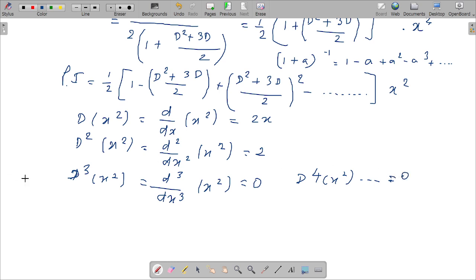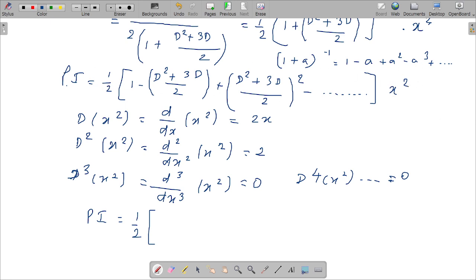So multiply that x square inside that bracket. 1 by 2 is there. Now the particular integral becomes, what happened? 1 by 2, keep it. What is the first term? Multiply with x square inside.